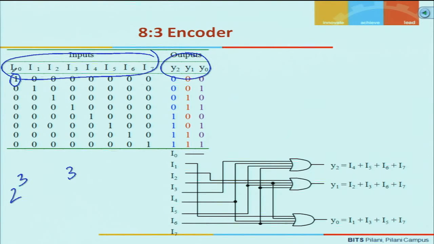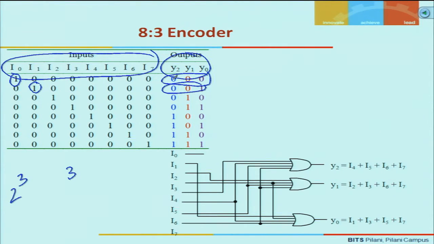So when I0 is 1, I get a unique bit pattern at the output which is 0, 0, 0. If my I1 is 1, I get the pattern as 0, 0, 1. So for each of my input combination, I get a unique bit pattern at the output. So this is a logic circuit having 8 inputs and 3 outputs.